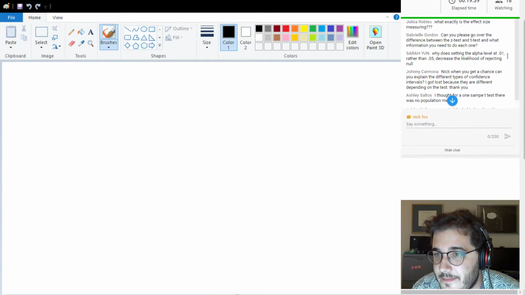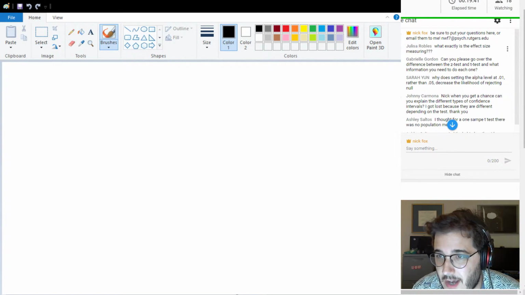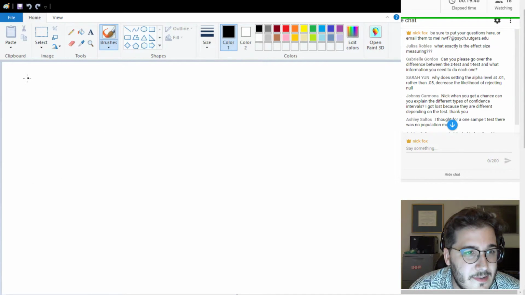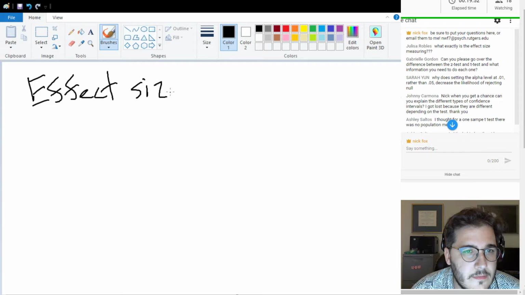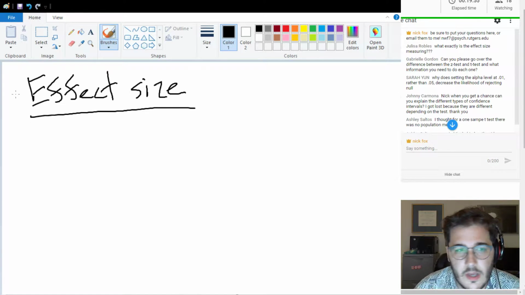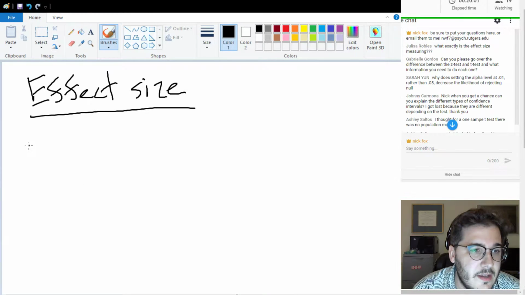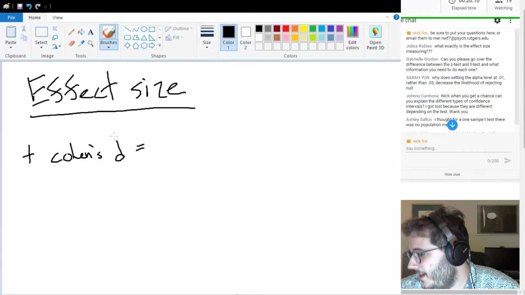Effect size. So this is Julisa's question. So effect size. Effect size is one of those weird things. So far we've done effect size for t, which is Cohen's d, which I have to just double check.